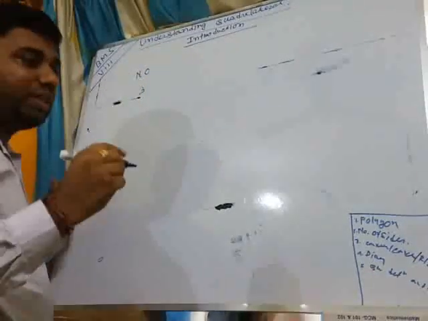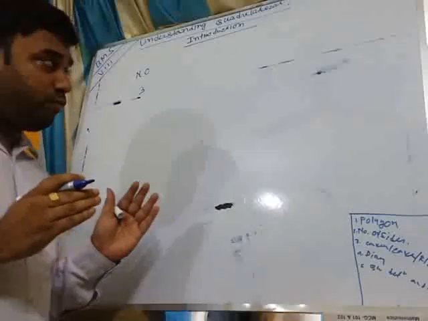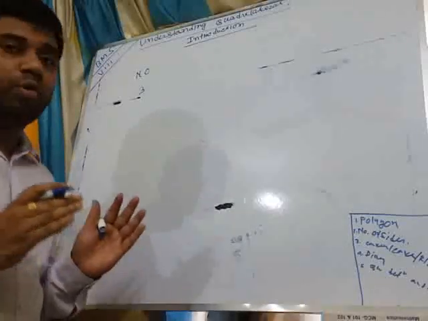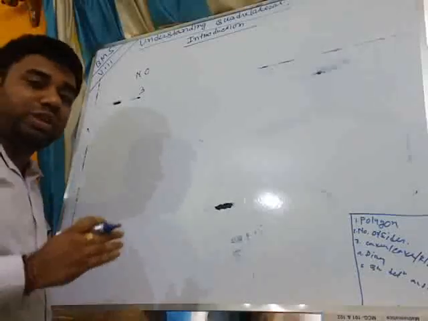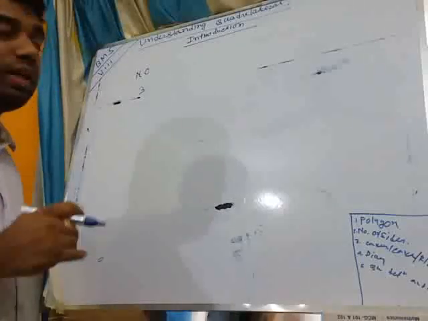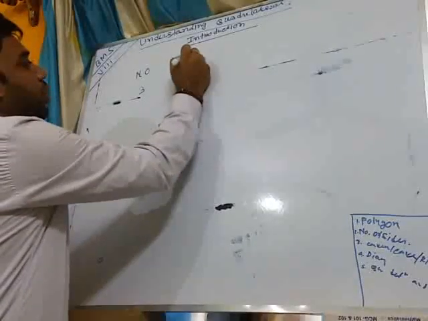Students, one thing to remember: for making a polygon, we need a minimum of 3 sides. Other than that, with 2 sides, we cannot form a polygon.